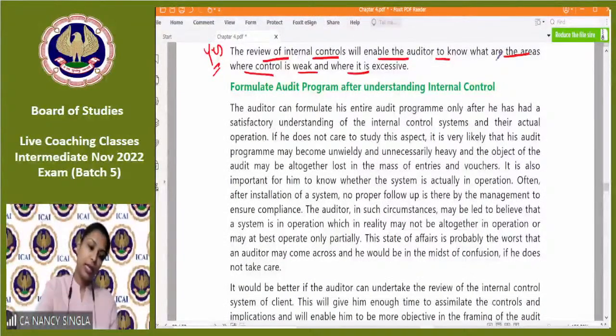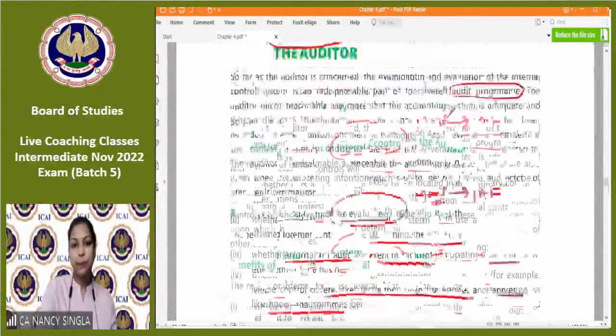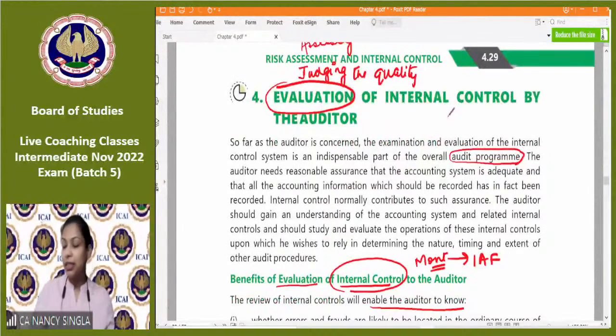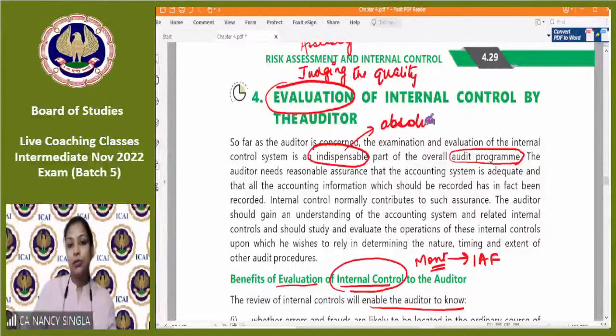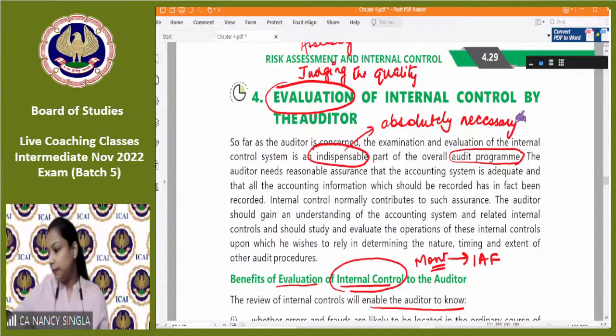Indispensable, absolutely necessary. Evaluation, I think it is mentioned. Whose doubt is this? Indispensable is absolutely necessary.